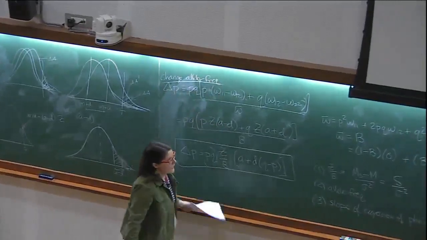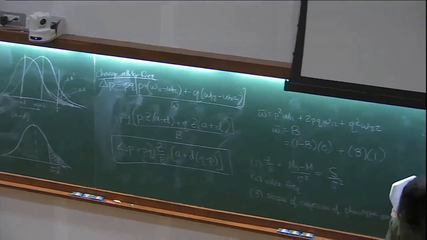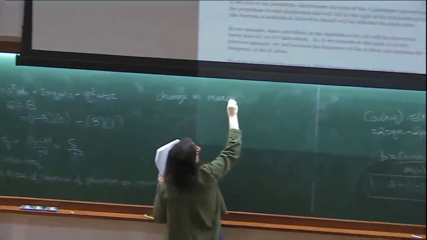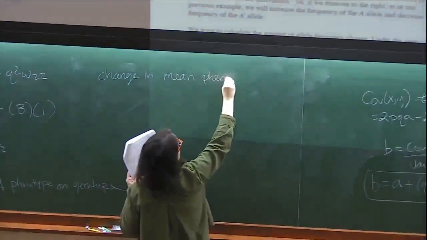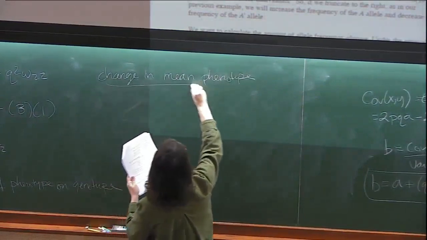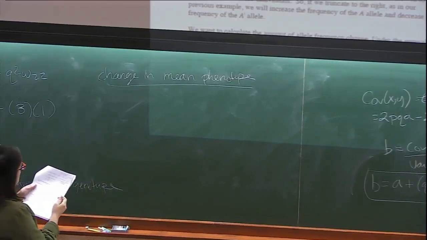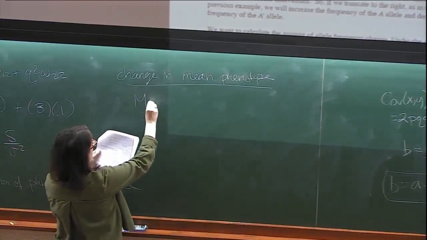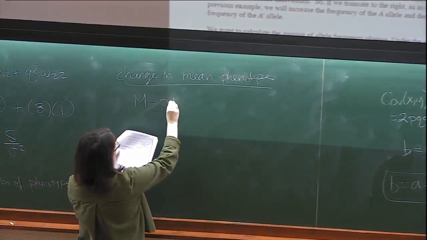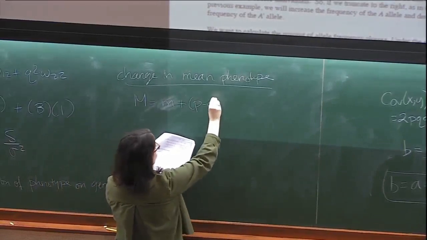But we also care very much about the change in the phenotype, and I'm just going to focus on the change in mean phenotype under selection. We can go ahead and just use our definition of the mean, M, that we found earlier.